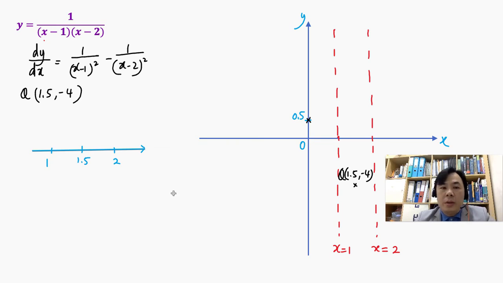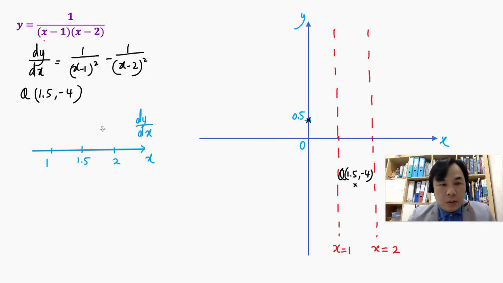So all I need to do is use trial and error, like in between 1.5 to 2, for instance. I can substitute any value in between here into my dy dx. By the way, this part is x, but the value that I'm trying to gauge is the gradient of the tangent. So if I put it in, this is a positive value for sure, and this one would also be a positive value. So whether it's going to give me a negative or positive, I'm going to find out.